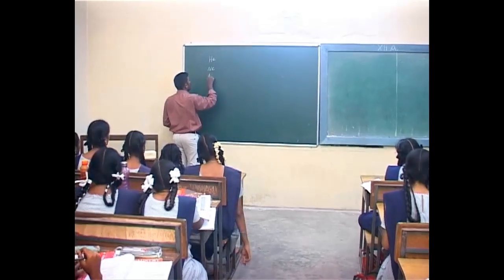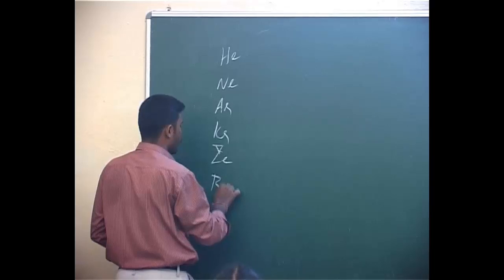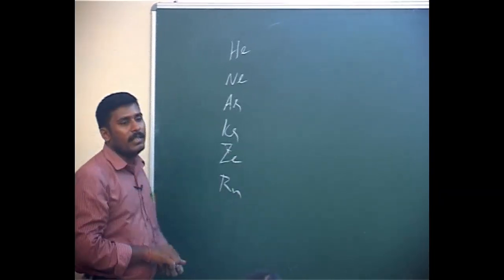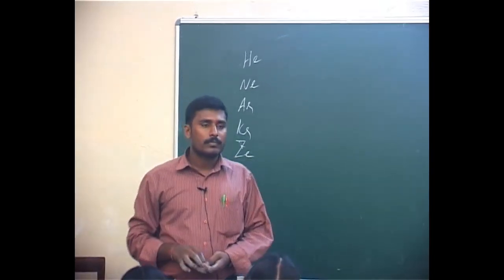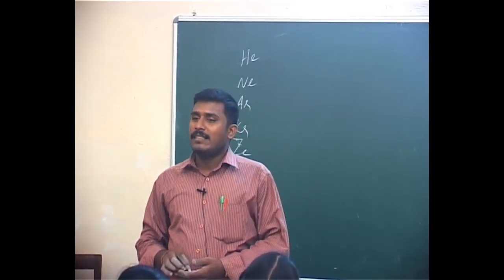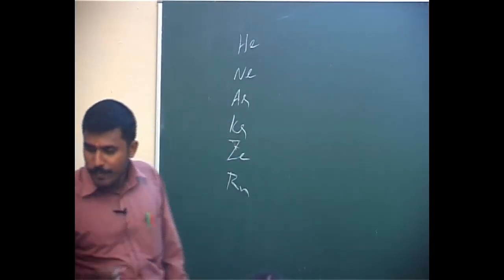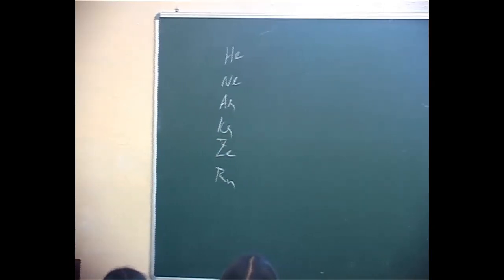Helium, neon, argon, krypton, xenon, radon. These are present in the 18th group. Okay. Why is this named as inert gas? Outermost shell completely filled, that means inert.